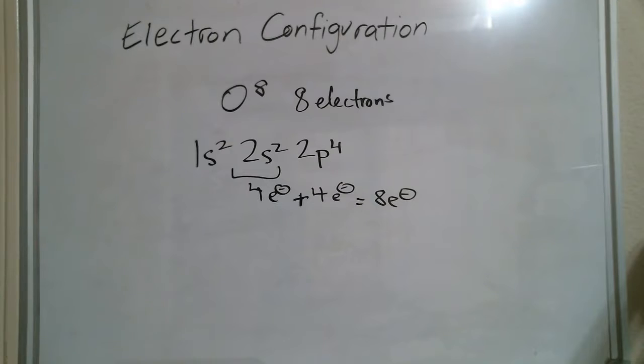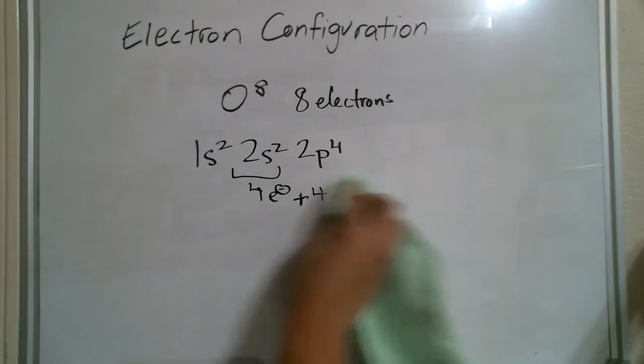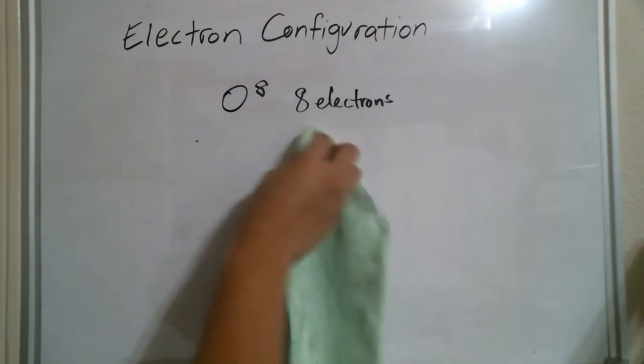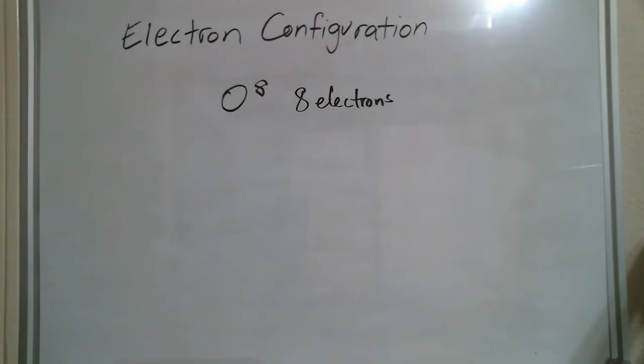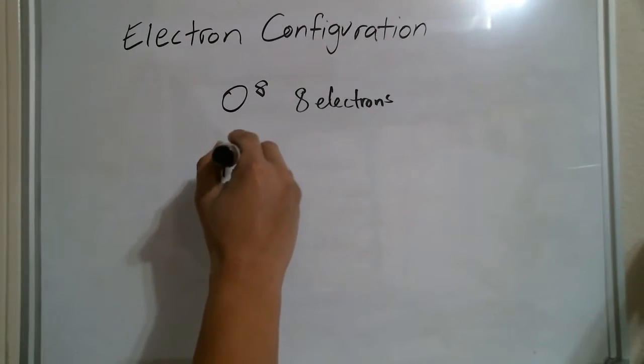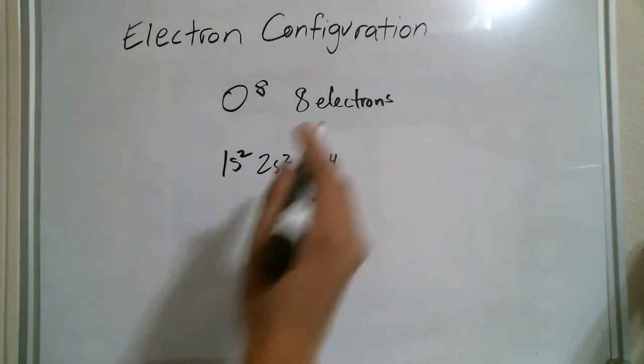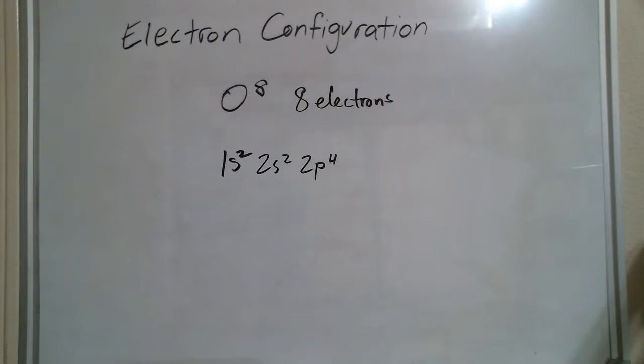Okay, on the topic of valence electrons, how is this so important? For valence electrons, how can we use this to find them? Valence electrons are just electrons that are in the highest energy level.